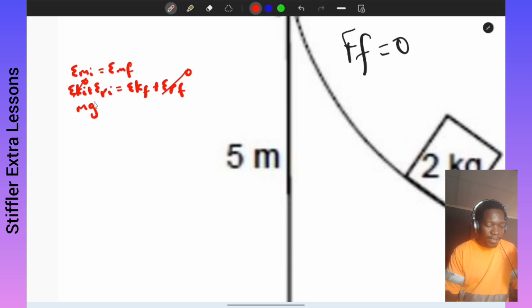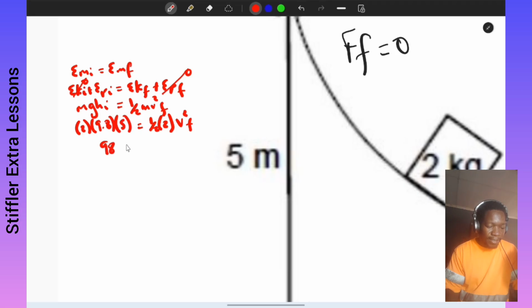This is mgh initial equals half mv squared final. So mgh, our mass is 2, gravitational acceleration 9.8, and our height is 5, equals half of 2, times the final velocity squared, which is what we are trying to find. If you multiply this, you get 98, and half multiplied by 2 is 1.